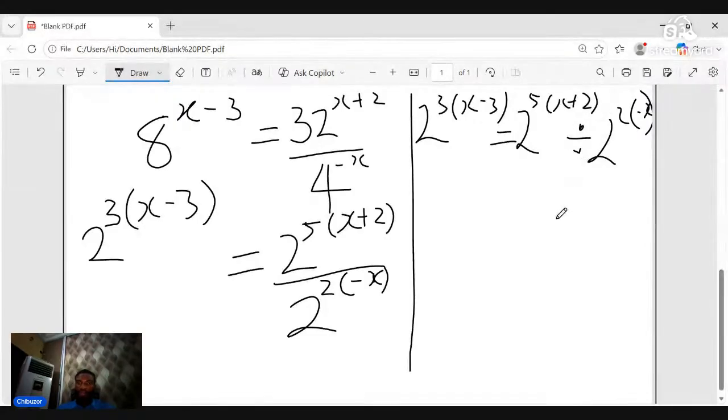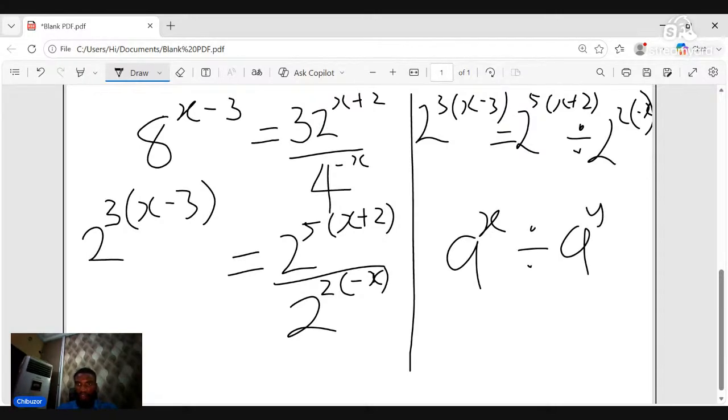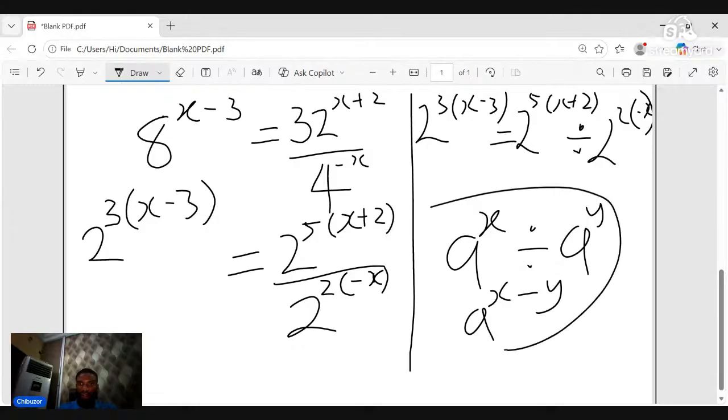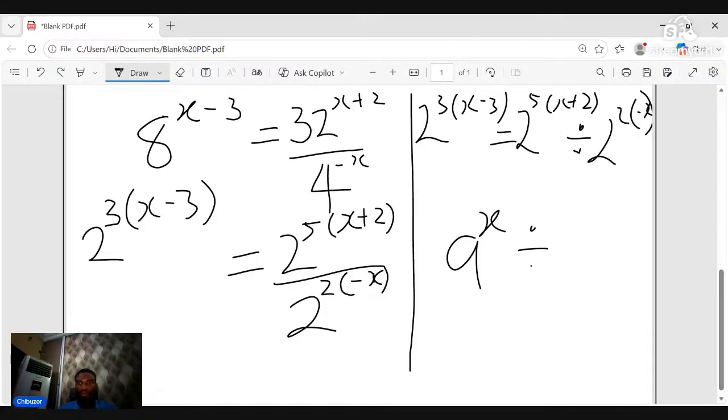In the law of indices, we have the division law that states that if a raised to power x divided by a raised to power y, we have a raised to power x minus y. This is the general division law in indices, right? Since we already know this, we apply it here.